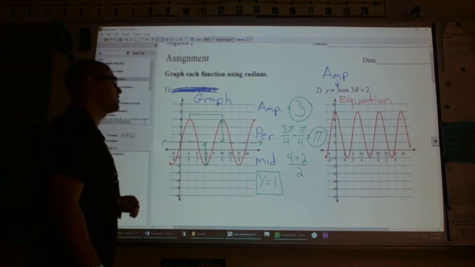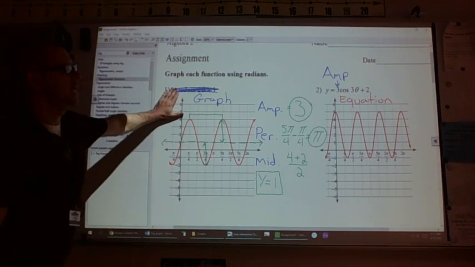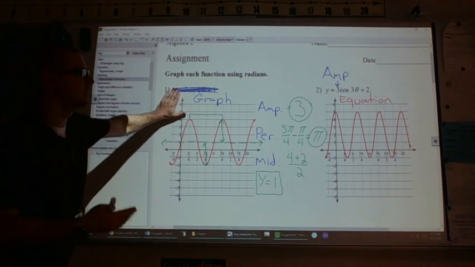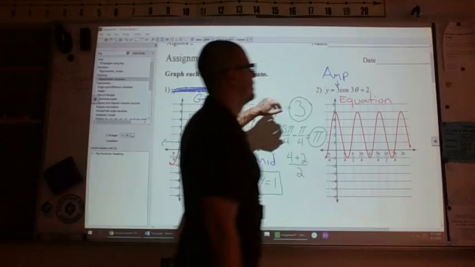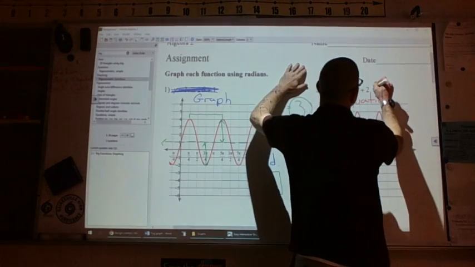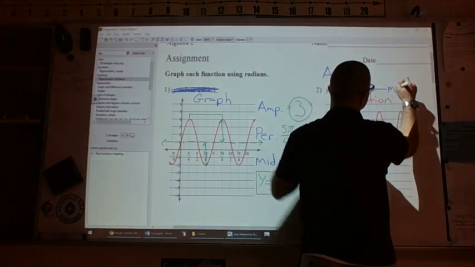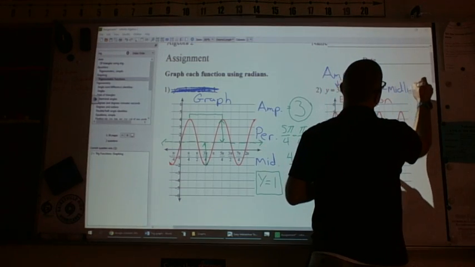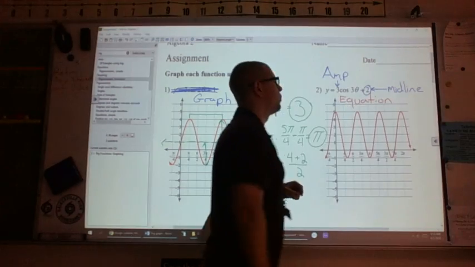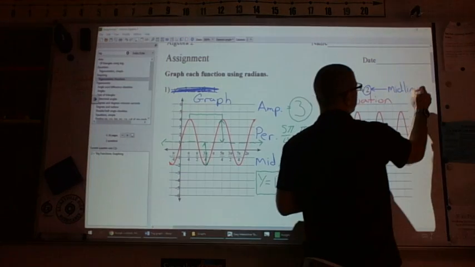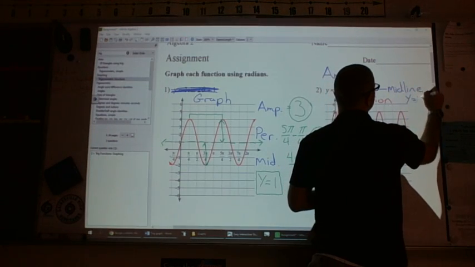Even though this is a cosine graph, the amplitude is just that leading coefficient, so in this case it is 3. The midline is that c value at the end. So in this case, the midline would be y equals 2.